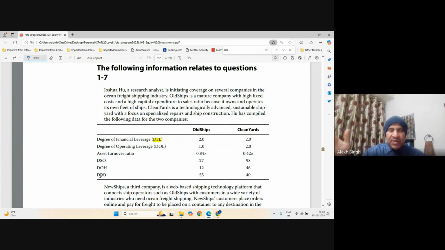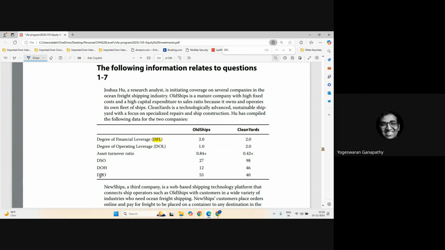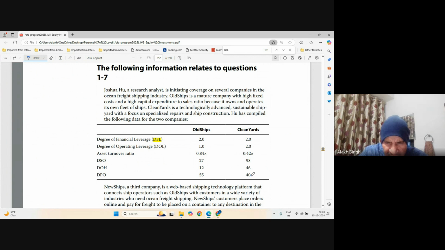DPO is days payable outstanding. So if it is smaller, it is better. Yes, sir. Means this one is better. And days on inventory on hand, this one is better. No, actually for payables, the longer you pay, the more cash you get, so this one is better because your suppliers are financing you.